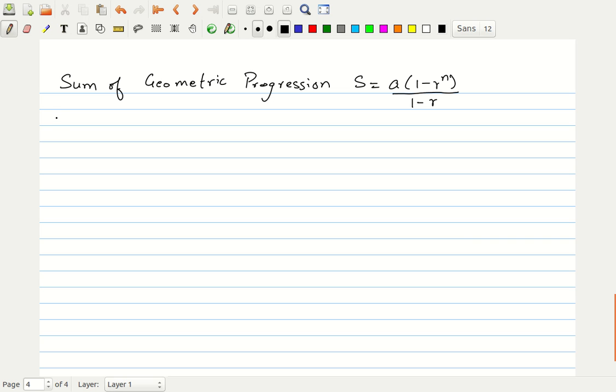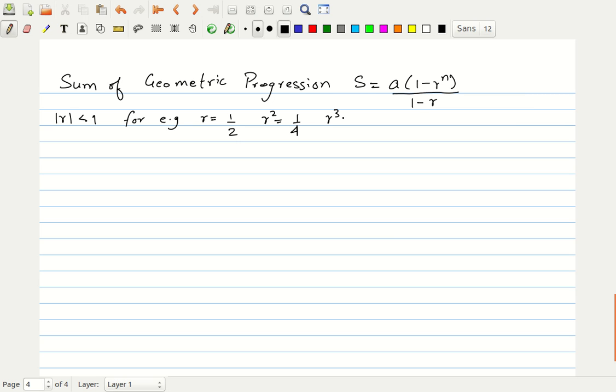Now what happens if your modulus of r, that is absolute value of r, is less than 1? For example, let us say r is equal to 1 by 2. Now you see that if r is equal to 1 by 2, r square is going to be 1 by 4, which is less than 1 by 2.